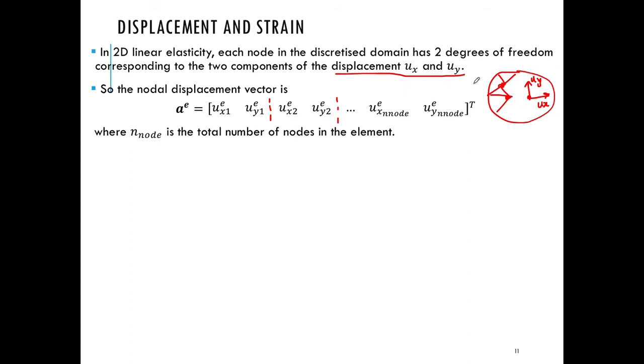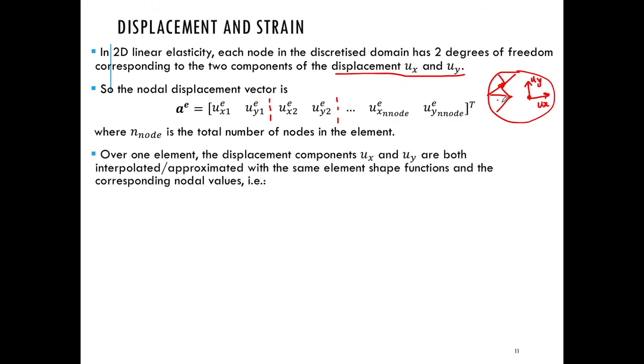Okay, so using these nodal displacements, I can of course interpolate and find my displacements at any point in the domain. So I could find it within this element, somewhere right here. In order to do that, you recall that we use our nodal degrees of freedom for the interpolation. If I want to find my ux at any point in the element, then I take my shape functions N1, N2, and however many nodes I have at that point x, y, and multiply them by their respective degree of freedom.